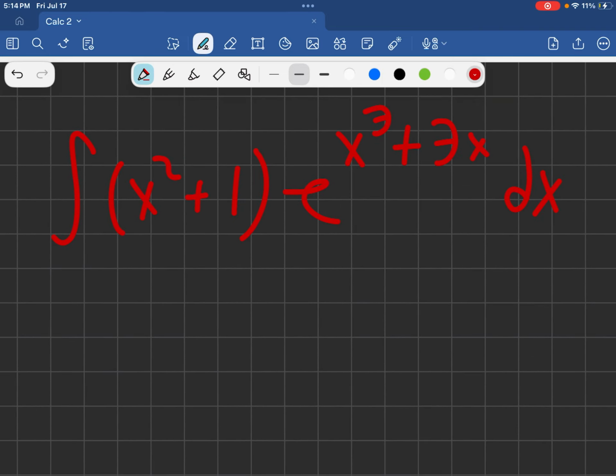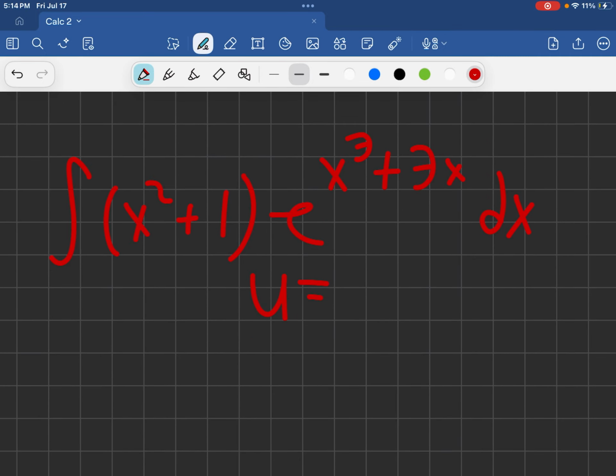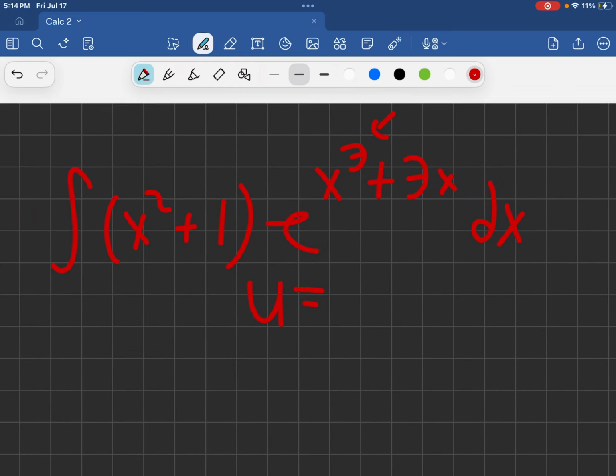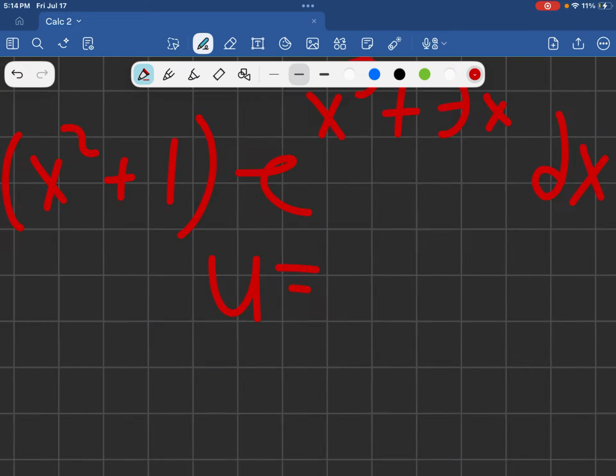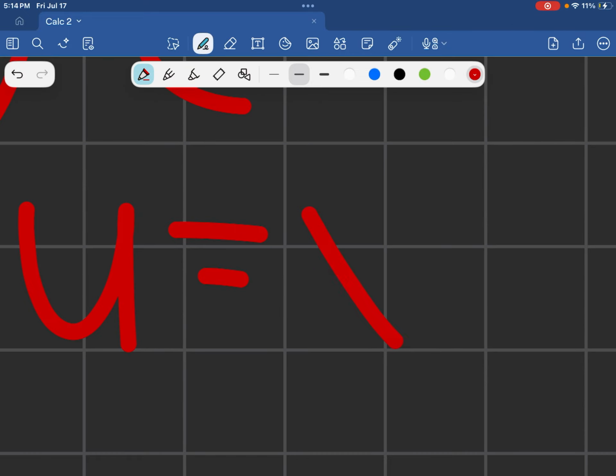So this is a little bit of a lengthier integral, but this will be just as easy as the other ones. So we take u, still like what I was saying earlier, look for whatever has the highest value in the exponent, which typically tends to be u. So the u I'm going to set is going to be that x cubed plus 3x.